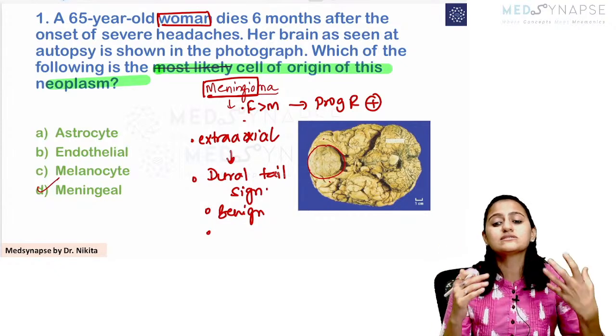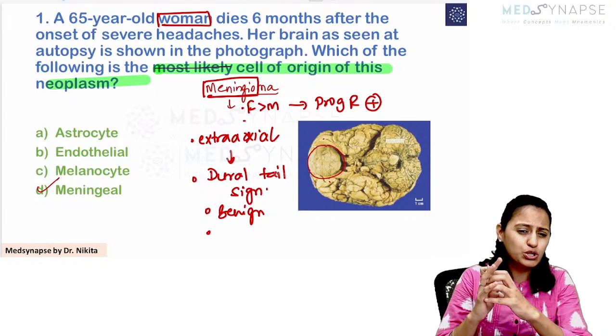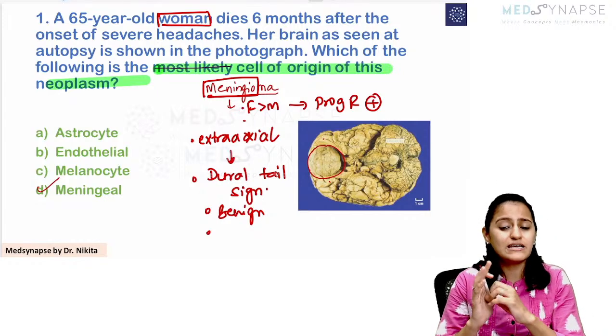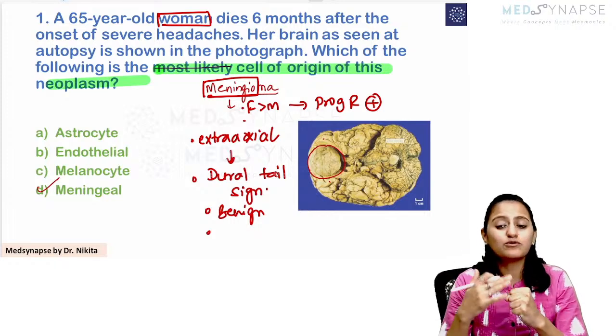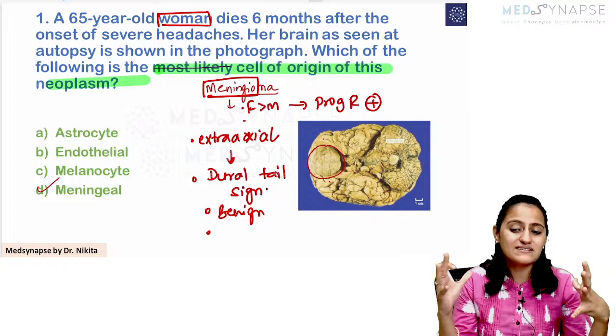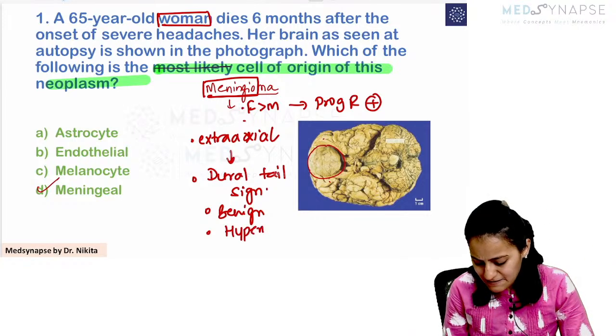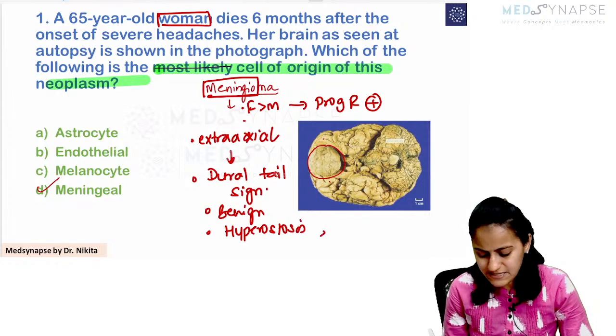A tumor which is slow growing, there for a long time, causes sclerosis of the bone, hyperostosis of the bone. A tumor like metastasis, which is fast growing, causes erosion of the bone. So remember, it causes hyperostosis, a previously asked point.